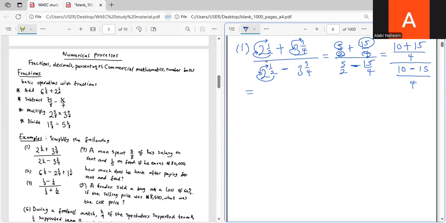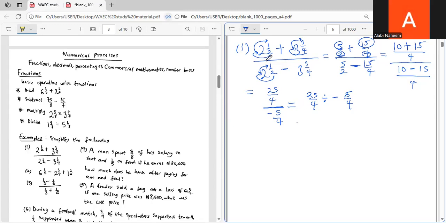This is now equal to 10 plus 15 is 25. 25 over 4. Then over 10 minus 15 is minus 5. Minus 5 over 4. So the over here, we can see it is divided. So 25 over 4 divided by minus 5 over 4.